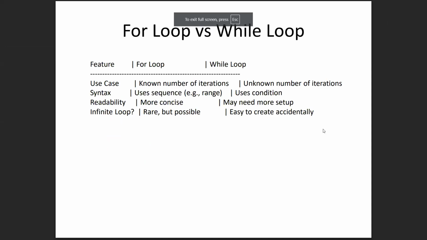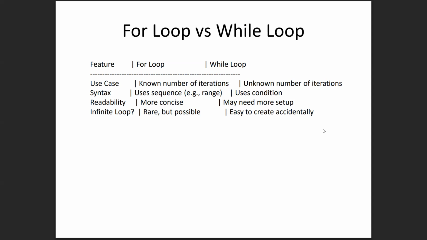So, for loop versus while loop. See, use case: when do we use the for loop and the while loop? Whenever the number of iterations is known, we'll be using the for loop. If we do not know the number of iterations, you will use the while loop.